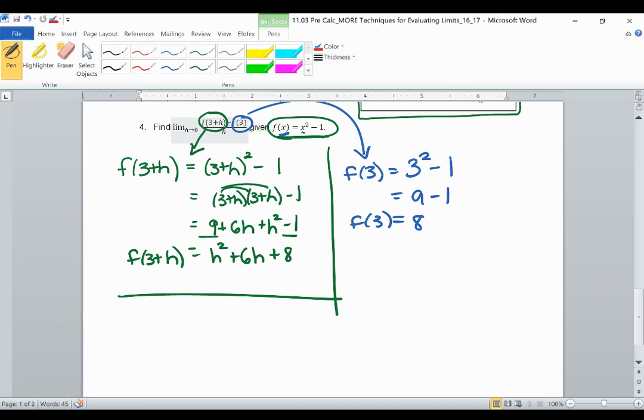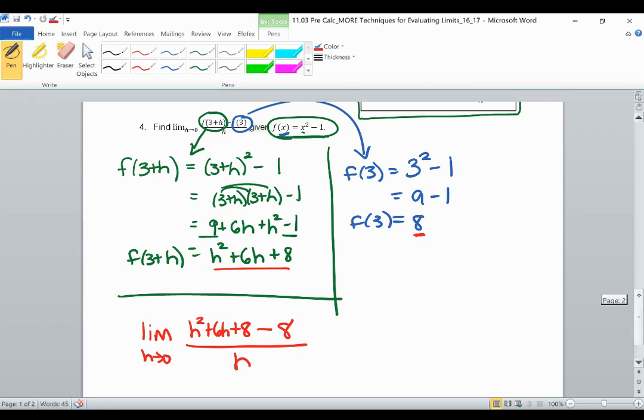And then I'm going to replace the green circle, the f of 3 plus h, with this right here. So I'm going to have the limit as h approaches 0 of h squared plus 6h plus 8 minus my f of 3. My f of 3 was 8, so I'm going to put in an 8 right there, all over h.